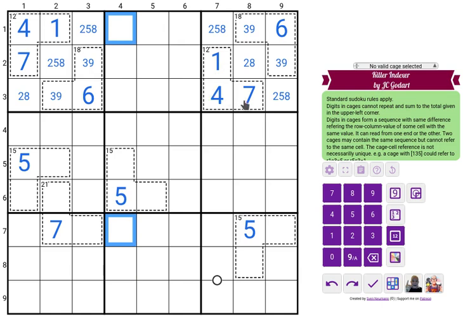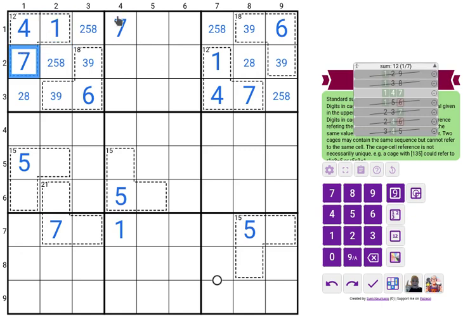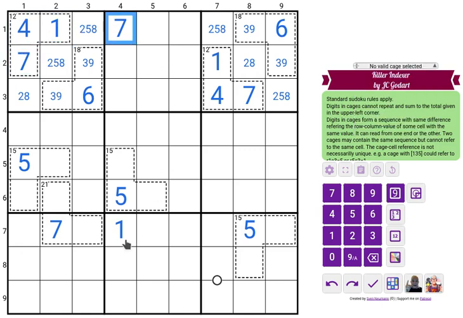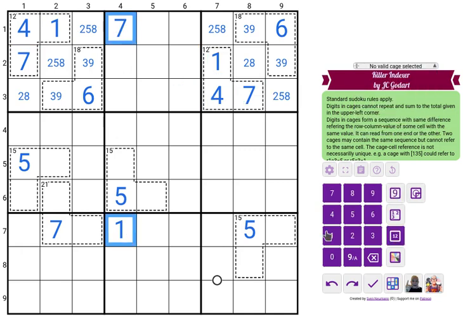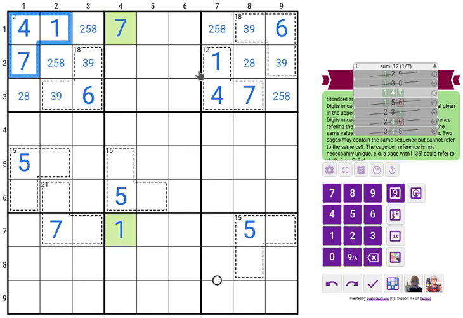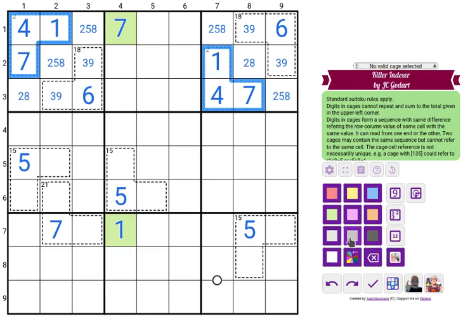And these are the only two possible combinations for these. So we must have a 7 here for one of the cages and a 1 here. It doesn't matter which cage refers to which cell. It is not part of the unique solution, but we know that these two cells are referenced by these two cages.